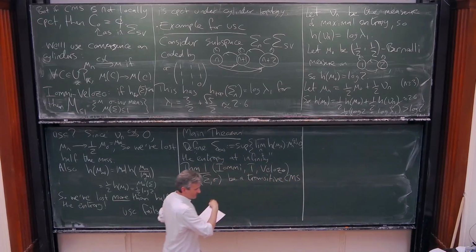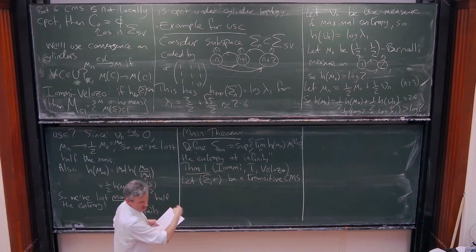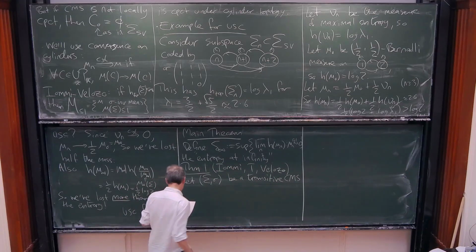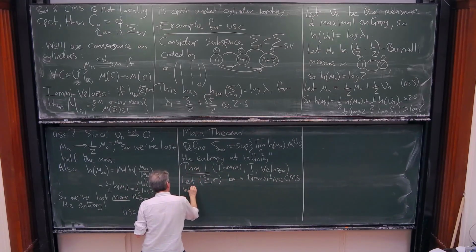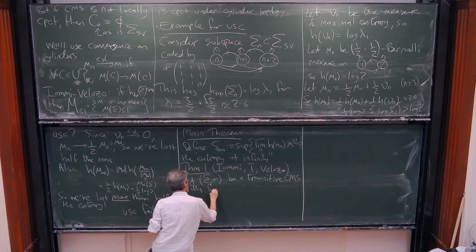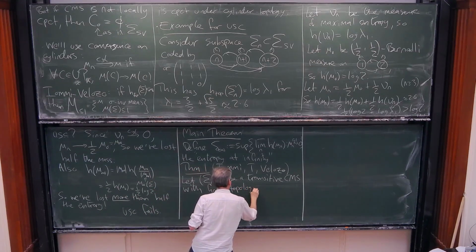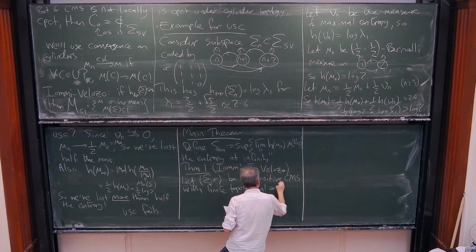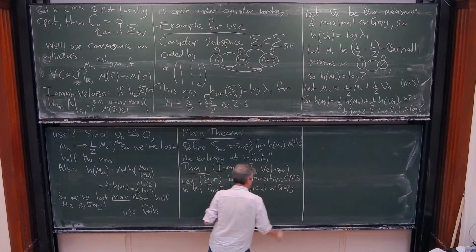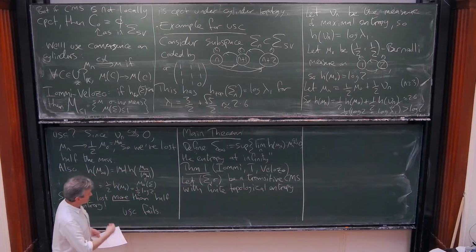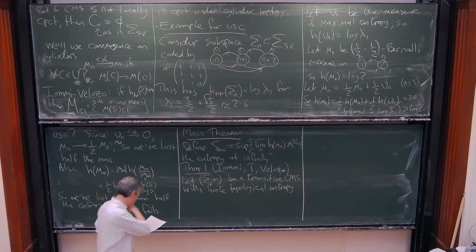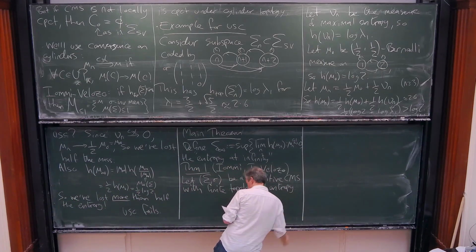So meaning I can get from any symbol to any other symbol. I might have to wait a long time, but it will eventually happen. With finite topological entropy. That's a necessary condition for the statement to make sense. If you have infinite topological entropy, then it's kind of an obvious statement you can make.